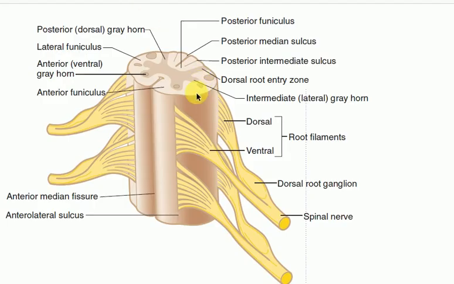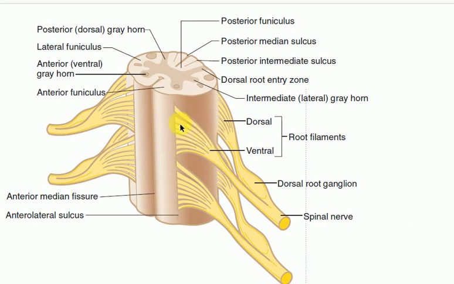And this diagram again is a three-dimensional view of the spinal cord, showing everything over here pretty much. As you can see, the H-shaped gray matter with the dorsal horn, the ventral horn, and the intermediate horn, is surrounded by the white matter, and each ventral and dorsal root is connected to the spinal cord by small rootlets.